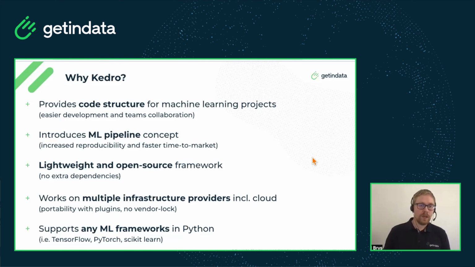So the pipelines become portable between different cloud providers when you use Kedro plugins. And what's important from the management point of view, there is no vendor lock-in. So you are not bound to one cloud provider.